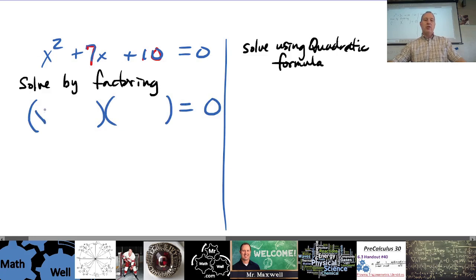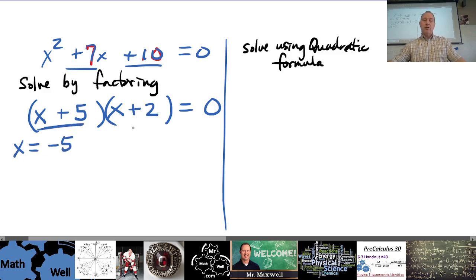This is just x squared, so this is x and this is x. Now I need two numbers that multiply to 10 and add to 7. What are those two numbers? 5 and 2. Very good. So plus 5 and plus 2. Now the solutions are x equals negative 5 from this first factor, and x equals negative 2 from this factor.